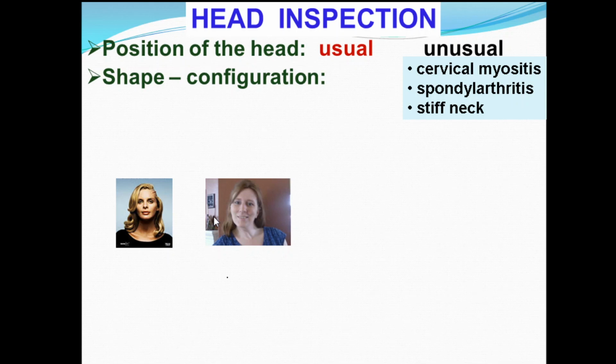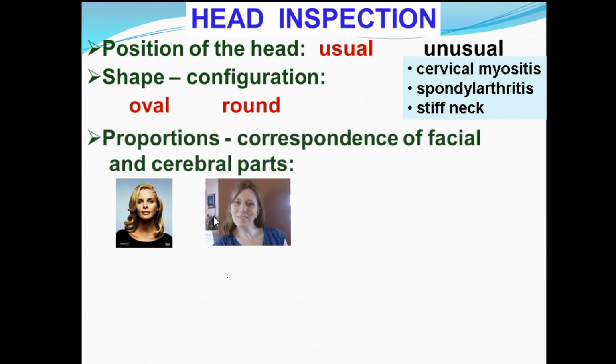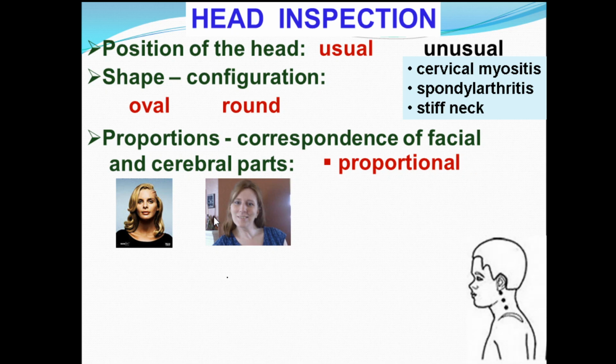Then we'll pay attention to shape or configuration of the head. Normally our head has oval or round shape. Obligatory pay attention to proportions, correspondence of facial and cerebral part, which normally must be approximately the same. We are talking about a proportional head.